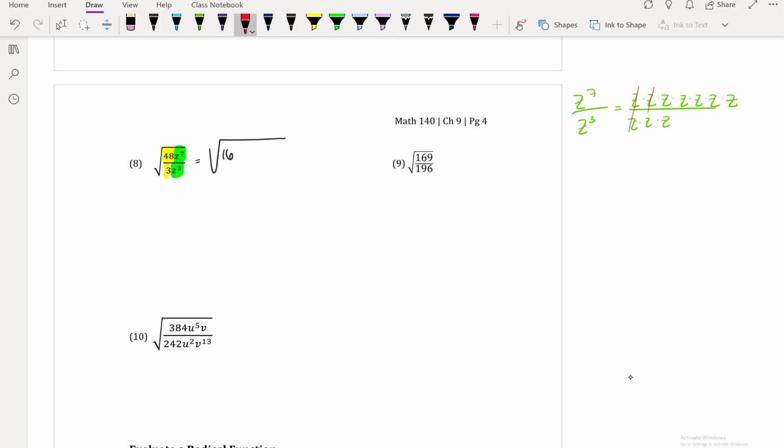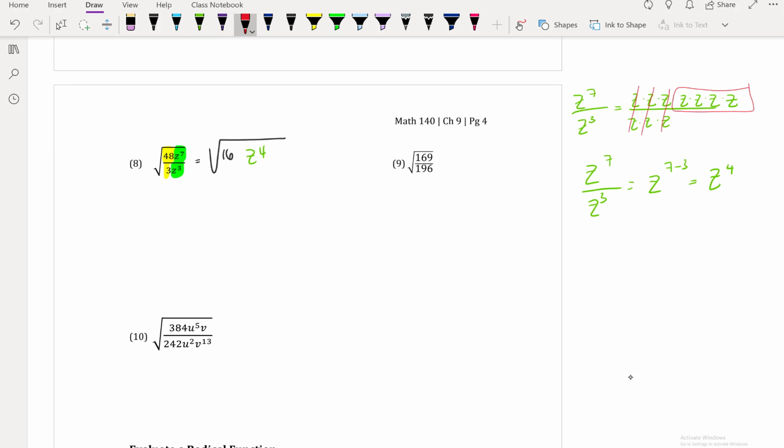So these cancel, cancel, cancel. So you're left with 4 z's up on top. So I have z to the 4. Another way you could have done this is if I have z to the 7 over z to the 3, you could have done z to the 7 minus 3, which gives you z to the 4th power. Just a little reminder there about our rules of exponents.